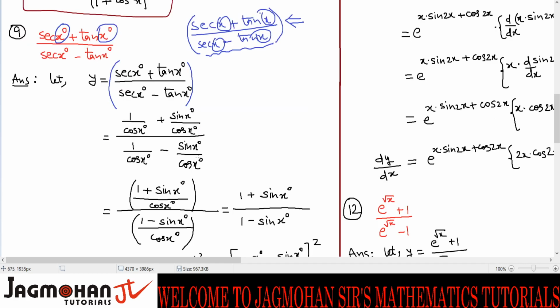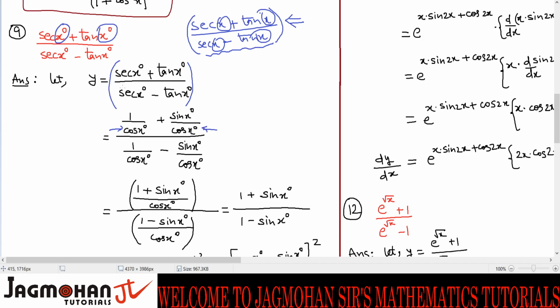What I notice is that sec of x degree is 1 upon cos x degree, and tan of x degree is sin x degree upon cos x degree, so the denominator will be same and the numerator will get added.